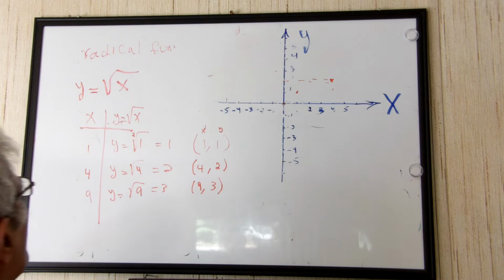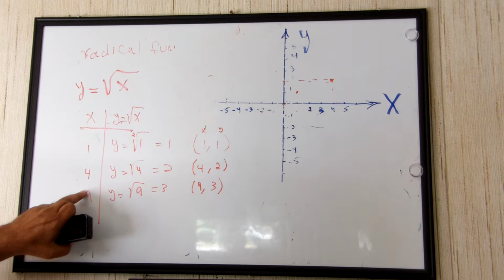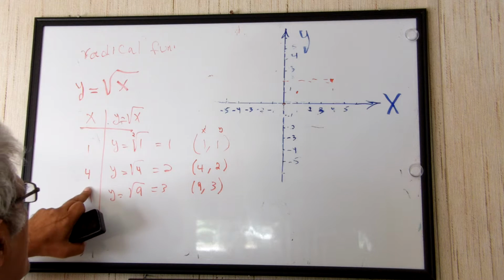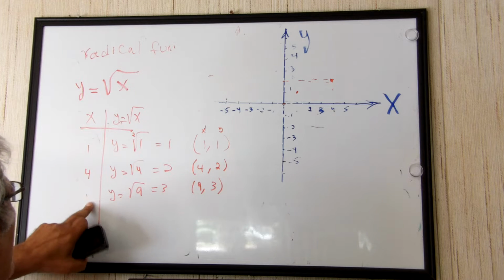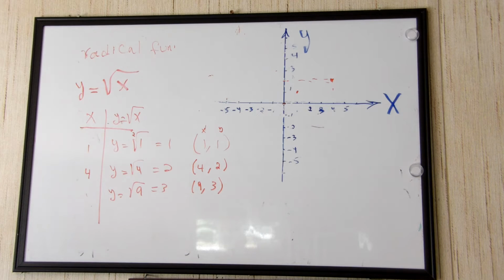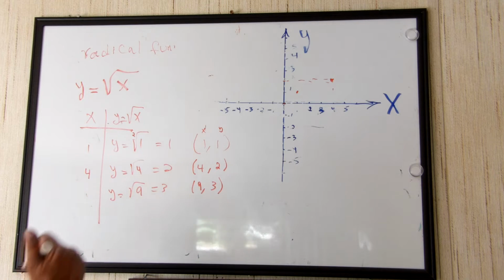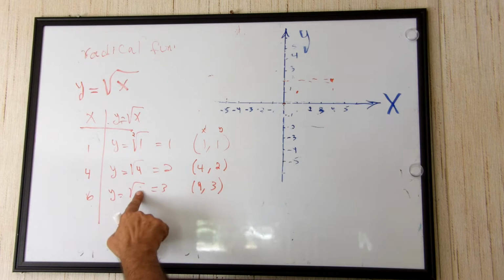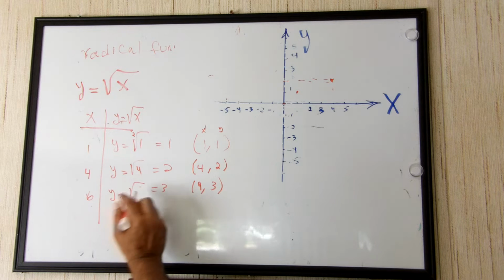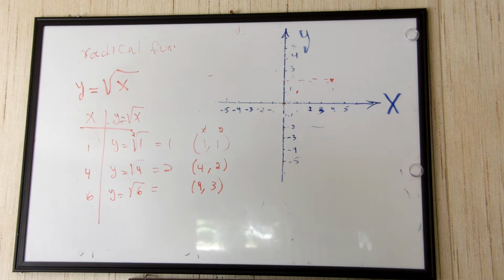But you can use not 9, you can use 6, for example. You find out what the square root of 6 is. You just put it in the calculator, and if it's 6, what's it going to be? It's going to be almost 2.5.